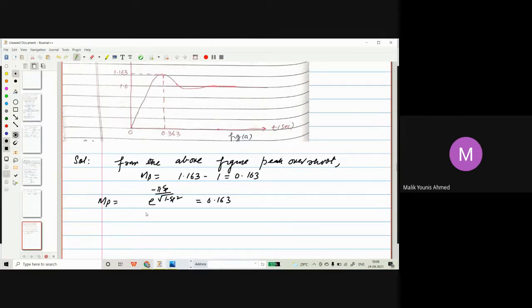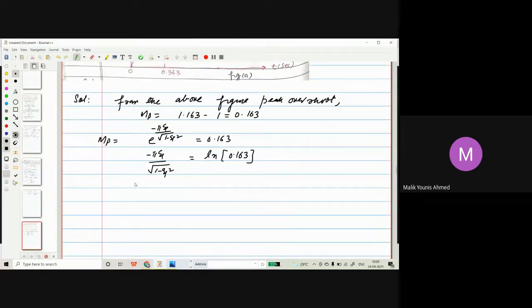So applying the log on both sides, that will be pi xi divided by under root of 1 minus xi square, and log of e is 1, I'm not writing that, equal to natural log of 0.163. So if you solve this here, therefore the value of xi which we are going to get is 0.5. Value of xi is 0.5.